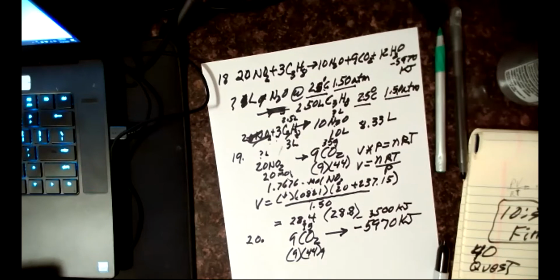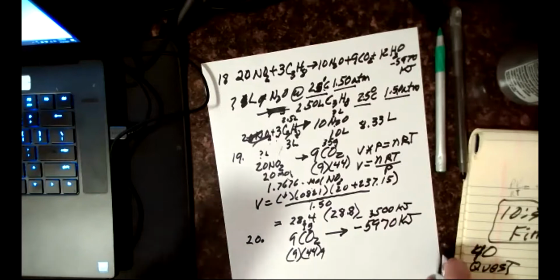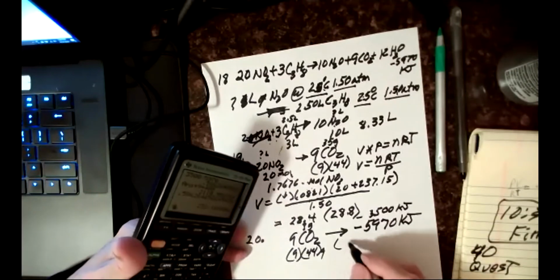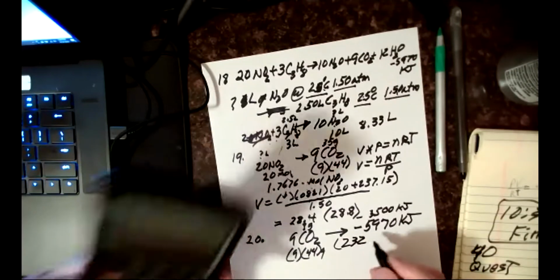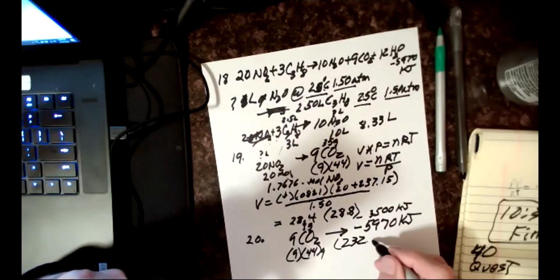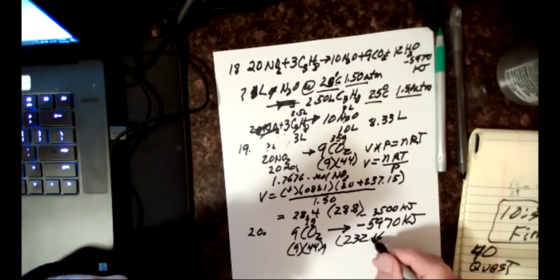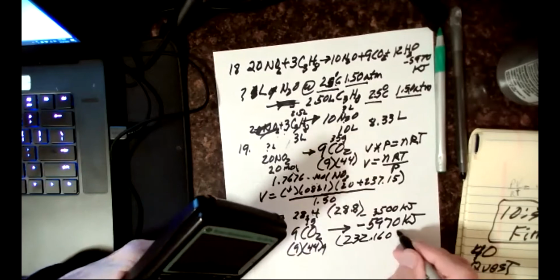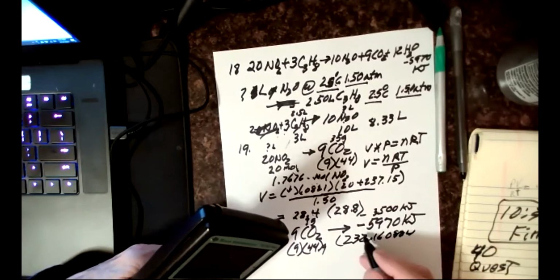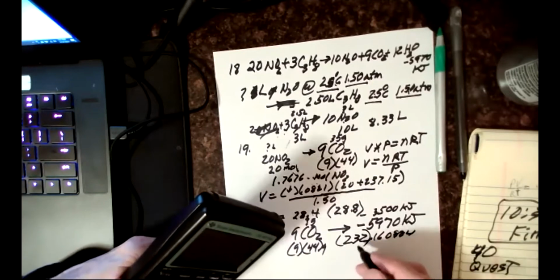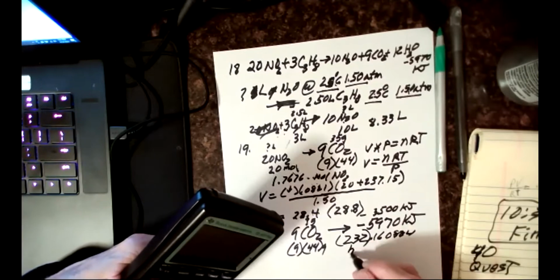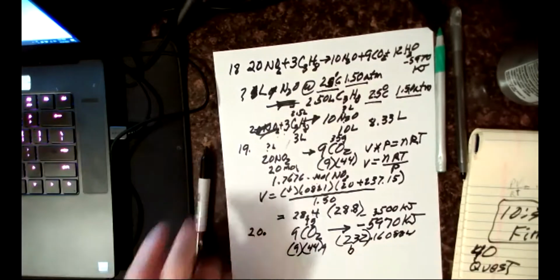Now let's see what that looks like. 232. Yeah, it comes out to be 232. That's showing 232.160884. So 232 is response B. So we're good.